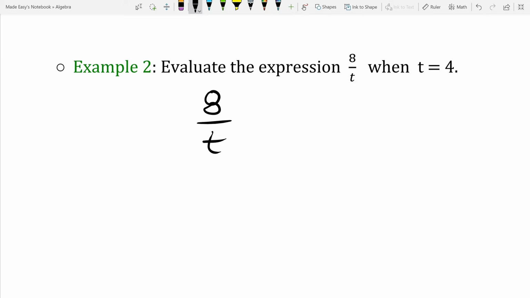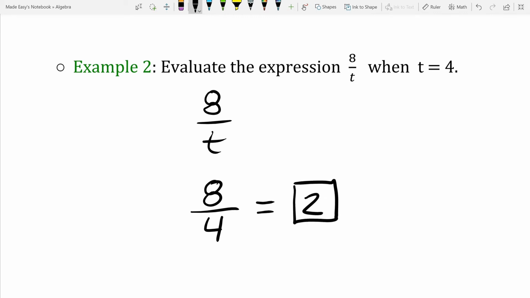And then I'm going to write it again, but this time I'm going to replace t with 4. So where my t is, I'm just going to put a 4. And that would read as 8 divided by 4. And 8 divided by 4 is 2. So when we evaluate the expression 8 over t when t equals 4, we have 2.